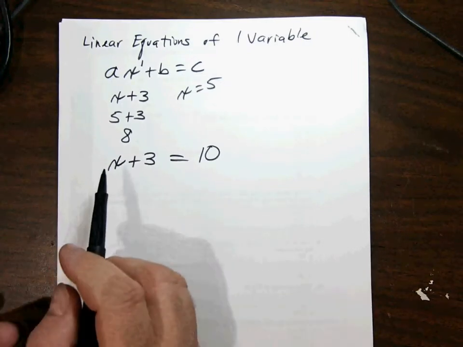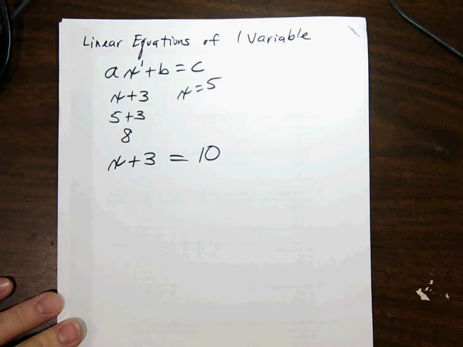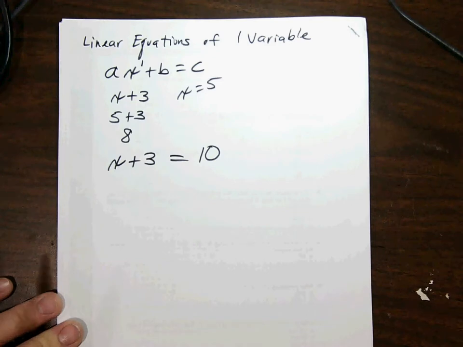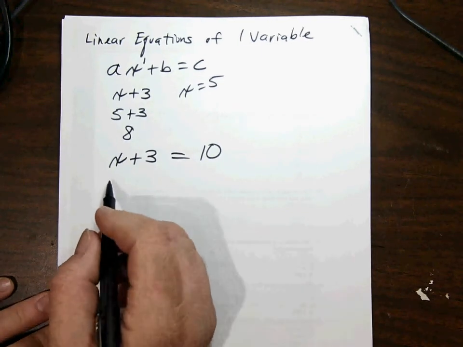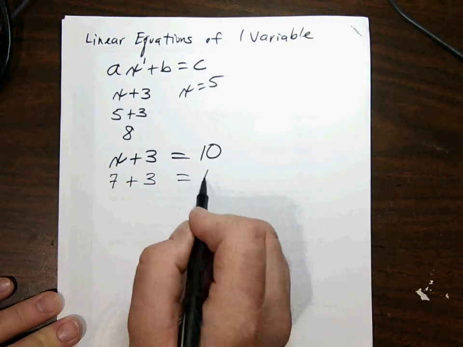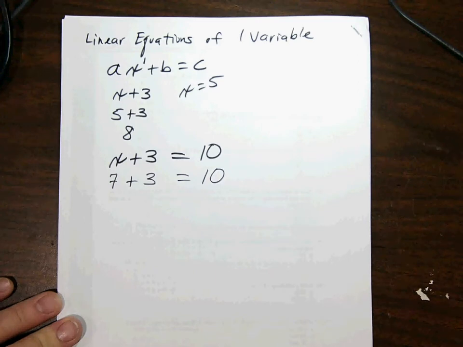X is holding the place of some number. Some unknown magical mystery number I call x, plus 3 more gives me 10 altogether. Now, we don't need to know any algebra to know that it's got to be a 7, right? Because only 7 plus 3 equals 10. There's no other number out there that if I add 3 to it, I'm going to get 10 for the answer, right?